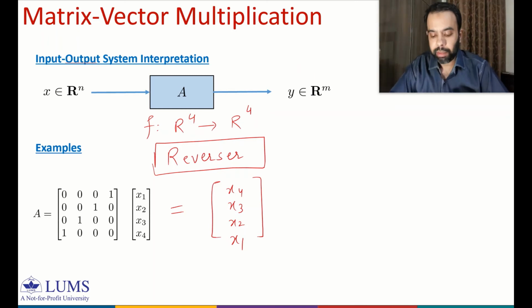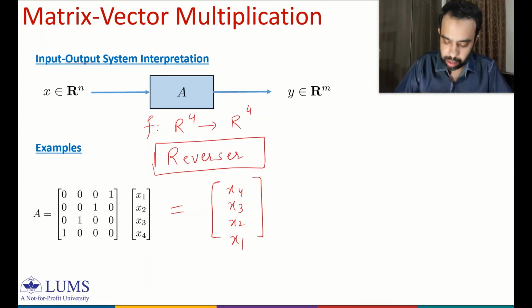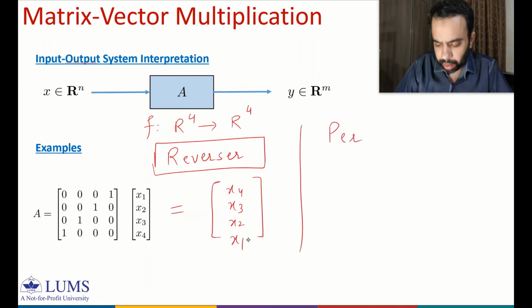So in fact, this reverser is a special form of a matrix which we call permutation matrix. Let me also define what we mean by a permutation matrix.